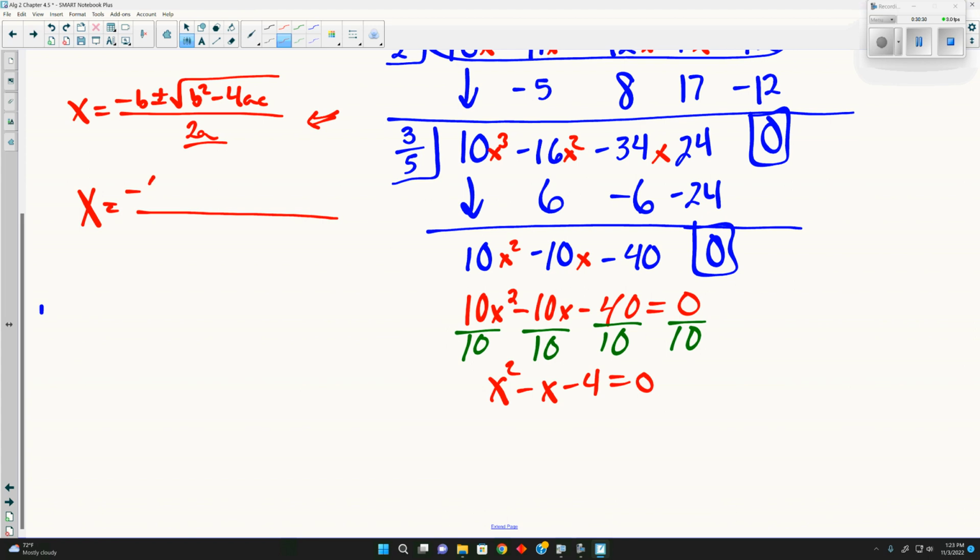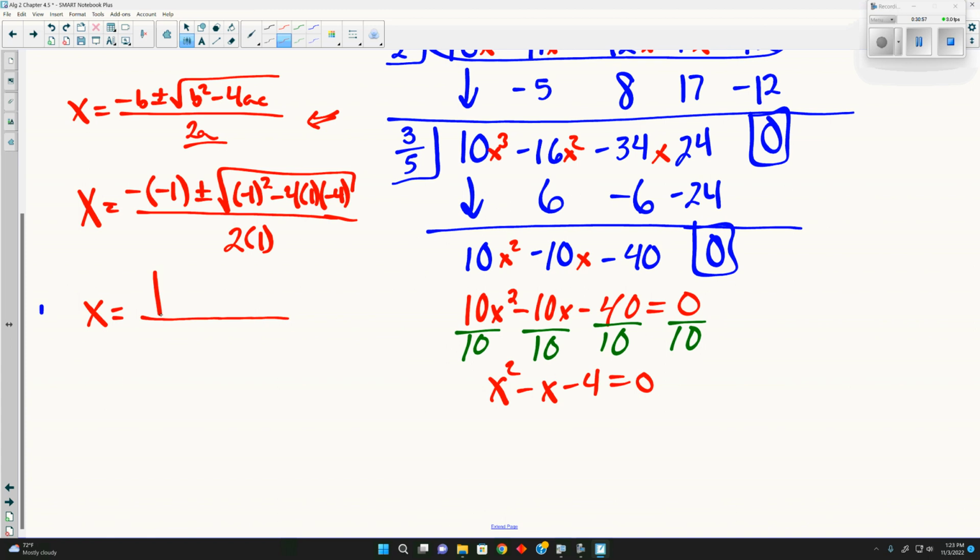Now we can just plug this in. So negative b, well, b is -1. Square root of b squared minus 4, well, a is 1, c is -4, over 2 times 1. Now, at this point here, we can simplify.